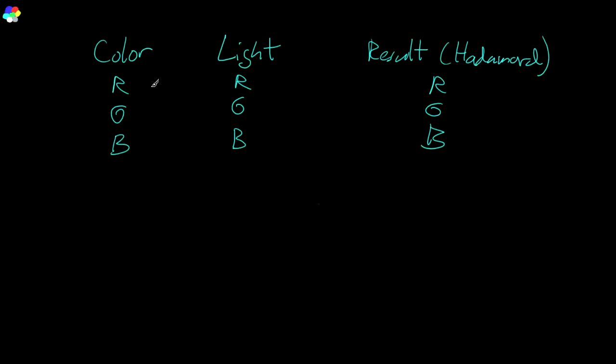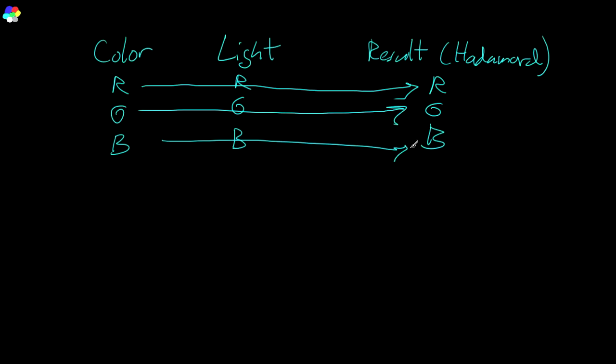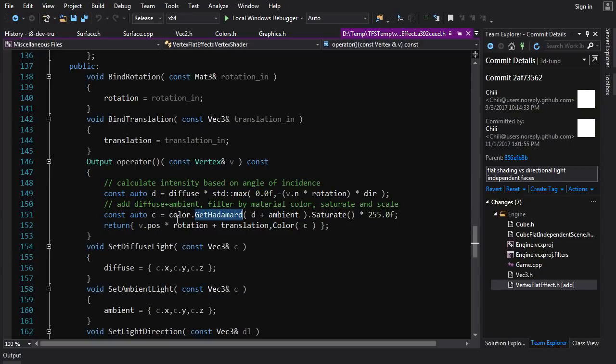We're not doing a dot product where we multiply them all together and sum up the products. We're not doing a cross product. All we're doing is a very simple multiply across. R times R, G times G, B times B, and that's called the Hadamard product. That is why I added that to the vector class. So we take the color, the pigment of the surface, and multiply that by the intensity of the light, and that gives us the light that we're going to see.